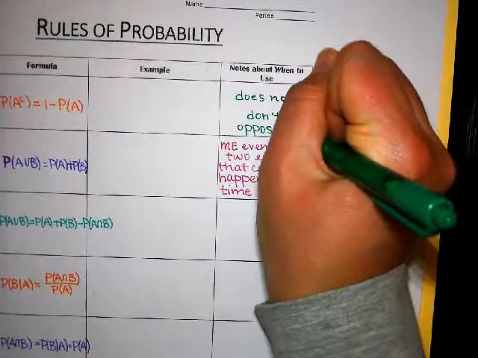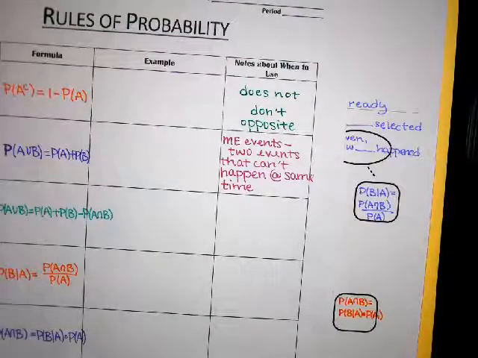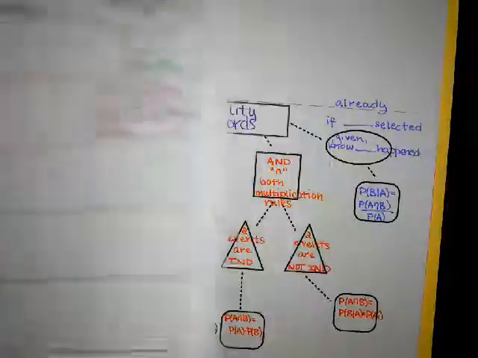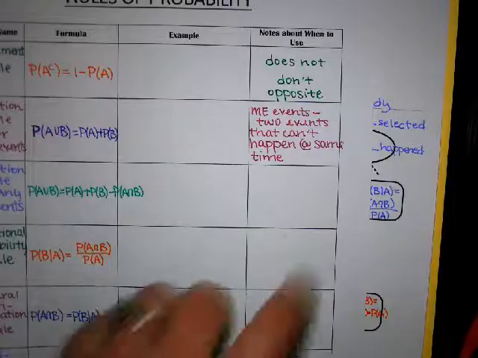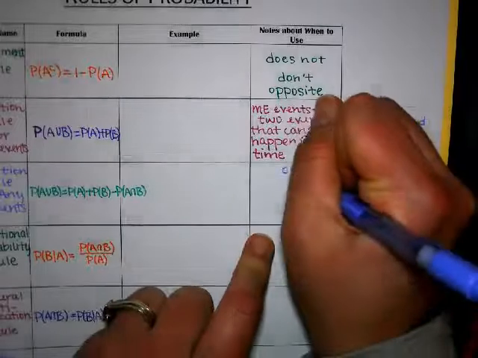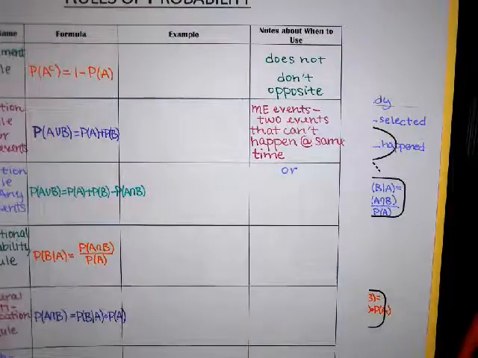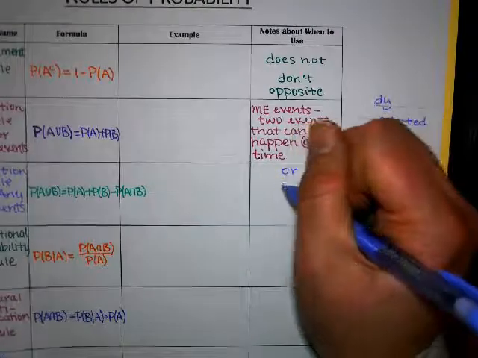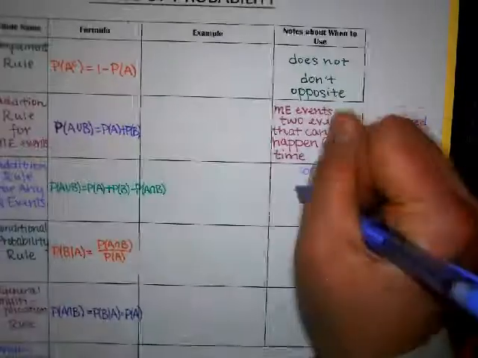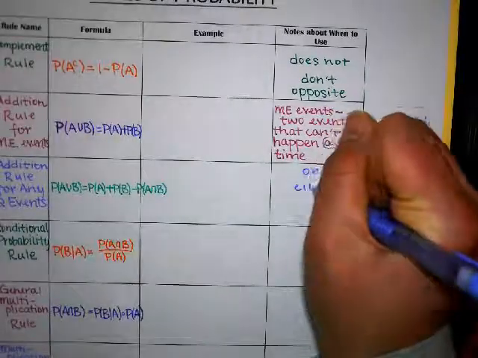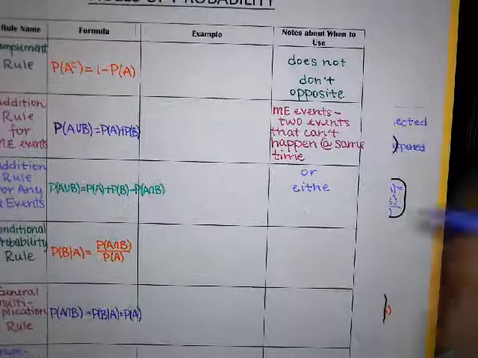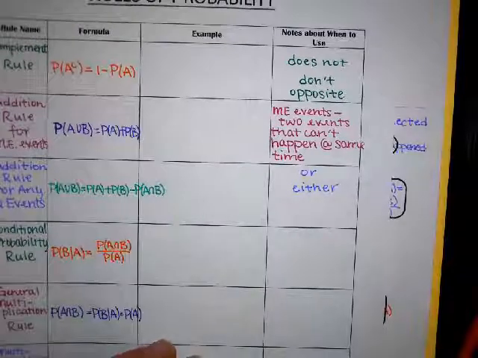The addition rule for any two events, that was the word or. What was the other one? Either. I wanted to say neither. I knew that was wrong. And the mutually exclusive events, that was or and either also.